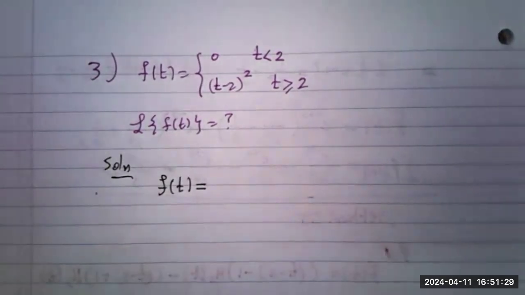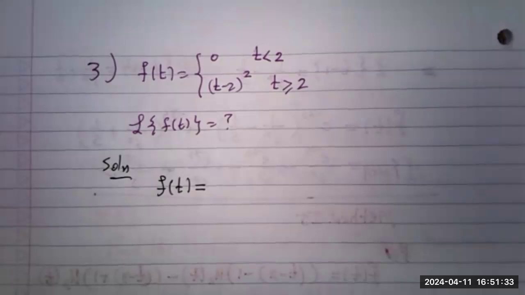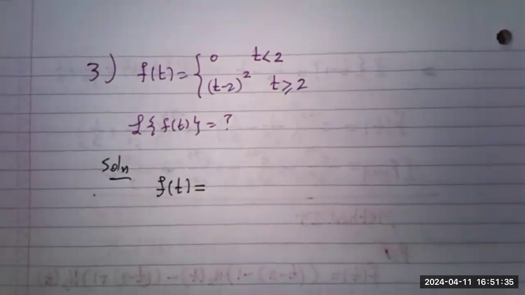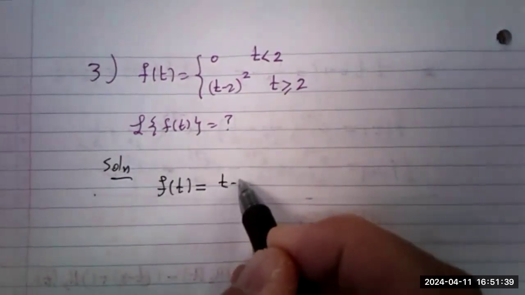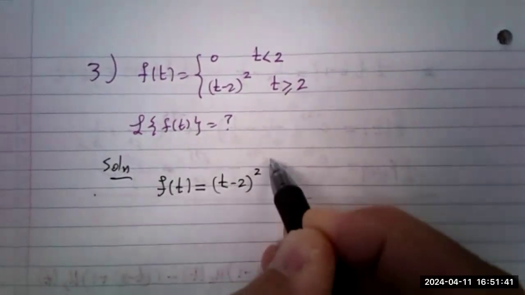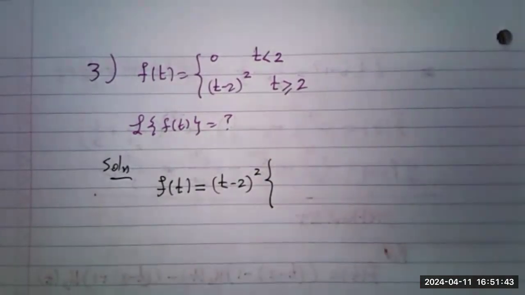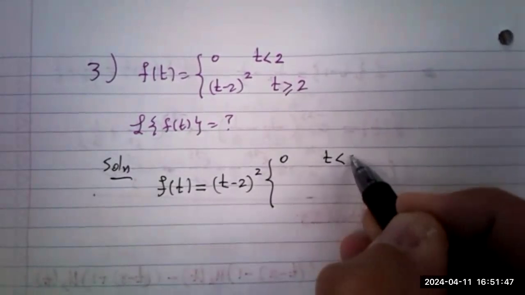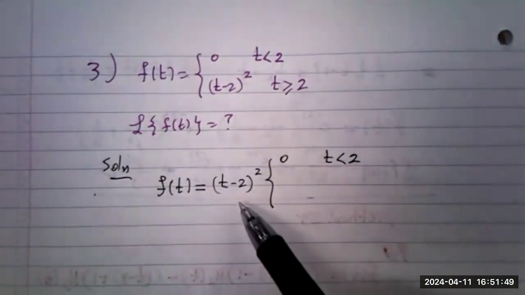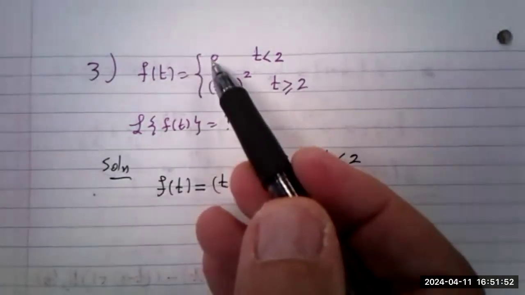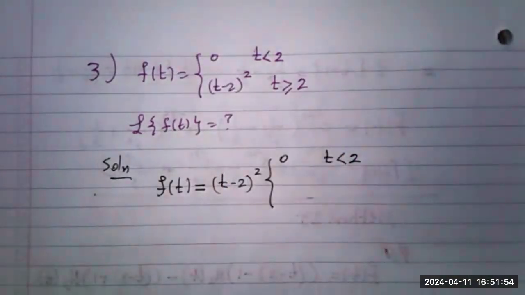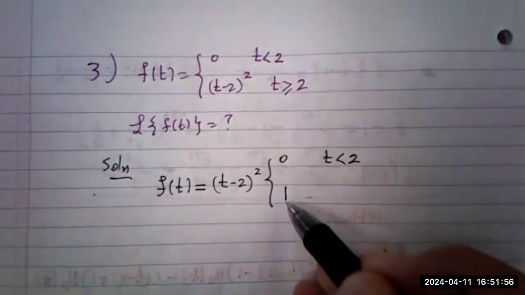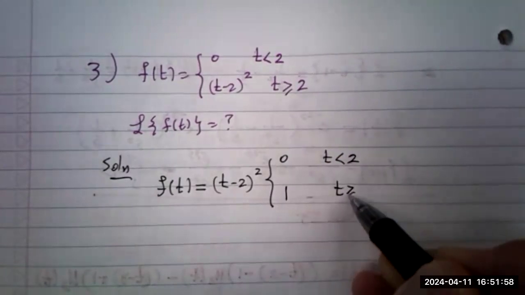F of t equals, you factor out, you divide it, if you like, (t minus 2) squared. So we can write this as (t minus 2) squared times this function: 0 on the top for t less than 2. Because if you multiply (t minus 2) squared times 0, that gives 0, so we haven't done anything wrong. Then 1 here, 1 here, 1 here.